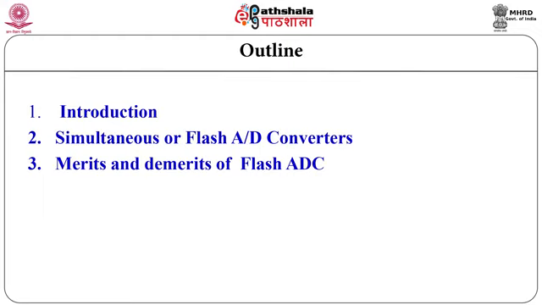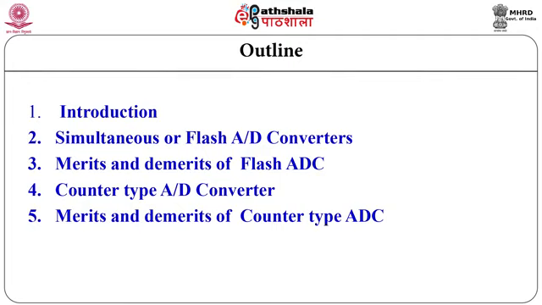The method that we are going to study in this module is the counter type AD converter. There are further some merits and demerits of this counter type ADC and hence further methods are developed that we are going to study in the next module. Finally, at the end we are going to summarize the flash and counter type analog to digital converters.